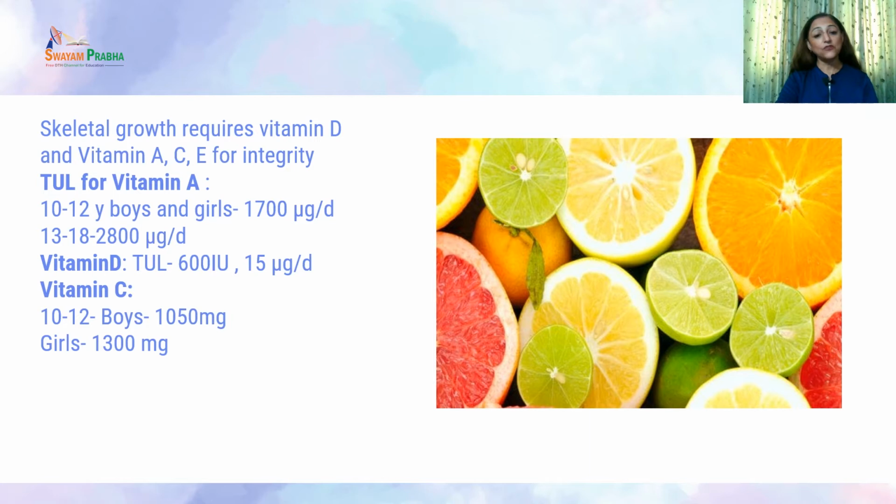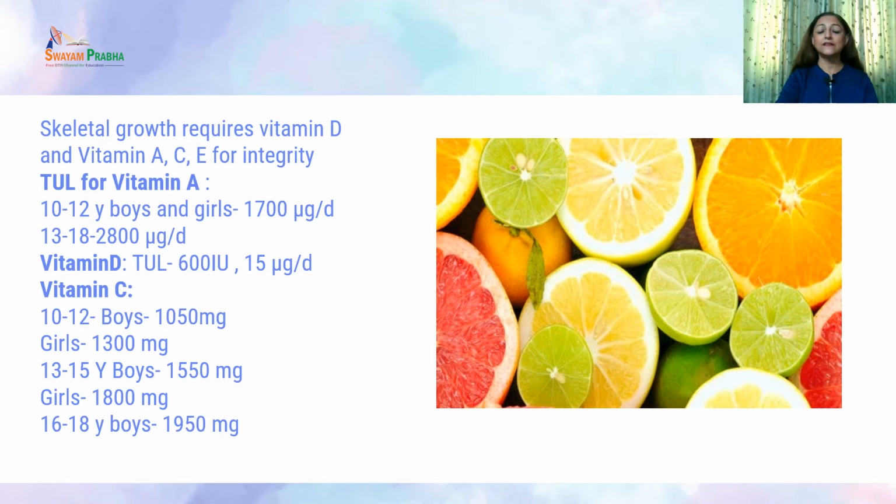And for 13 to 15-year-old boys, it is 1550 milligrams, which can be handled safely by them. And for girls, they can tolerate 1800 milligrams of vitamin C. And for the last group, that is 16 to 18-year-old boys, 1950 milligrams is the upper limit. And for girls, it is 2000 milligrams of vitamin C.